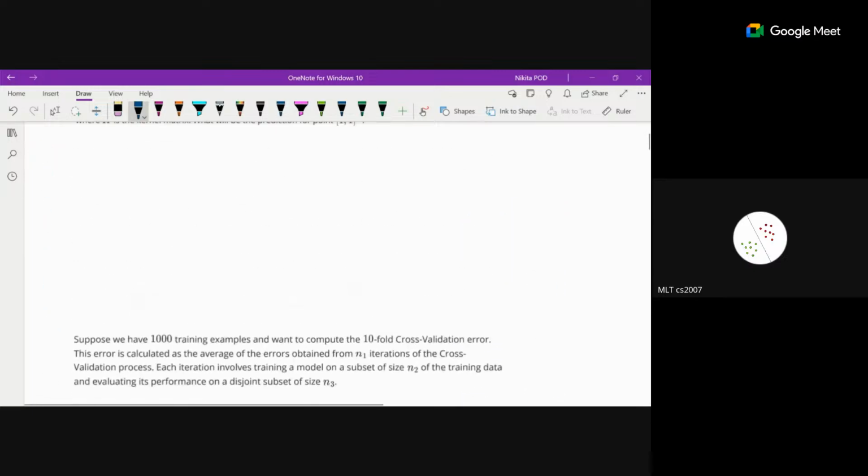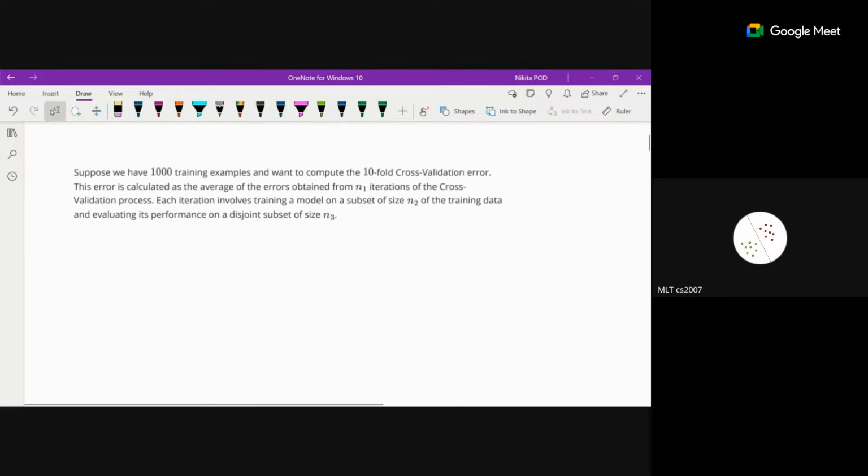So let's go. This is my question number 2. Here the question is that you have 1000 training samples and you want to compute the 10-fold cross validation error.